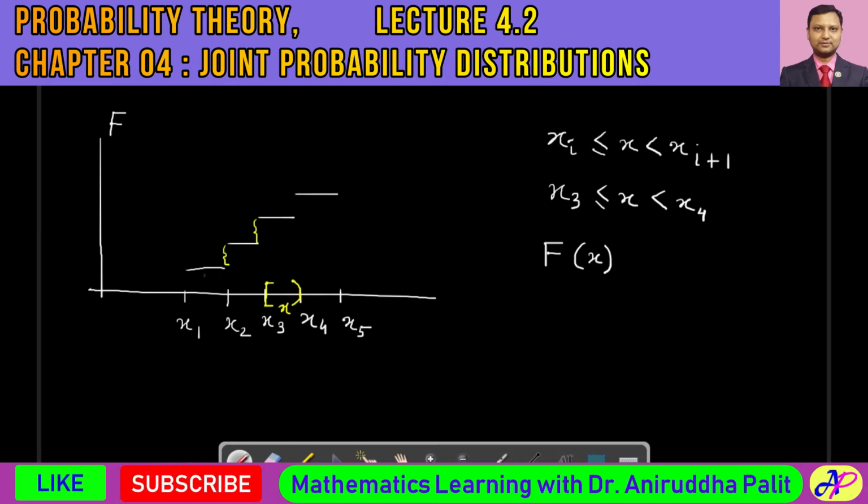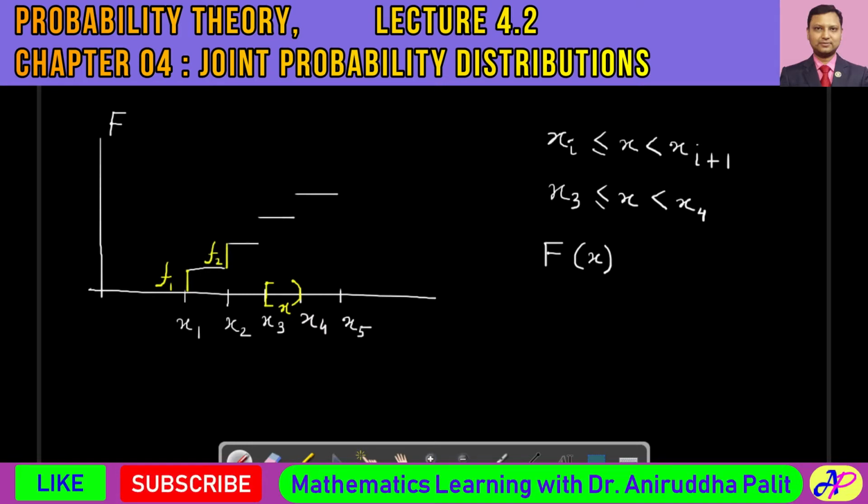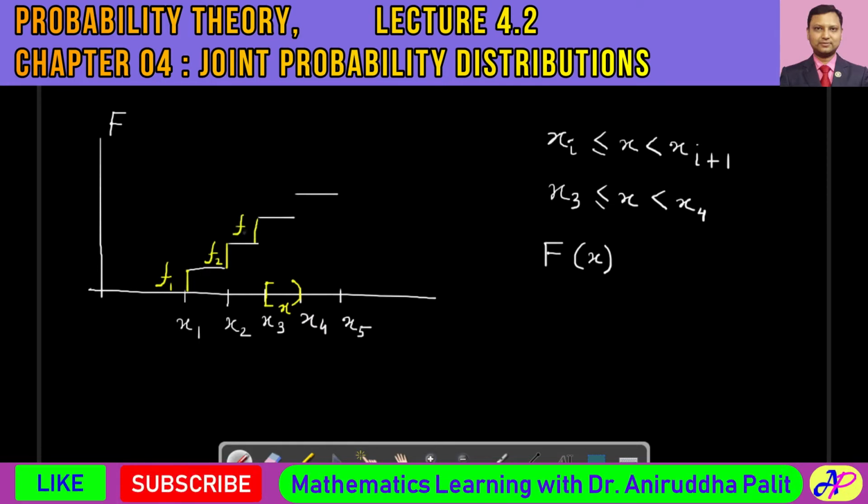What are these values? The first value is our probability mass function value f1. The second value is f2, and the third is the height small f3. Therefore, the value of F(x) is equal to f1 plus f2 plus f3.